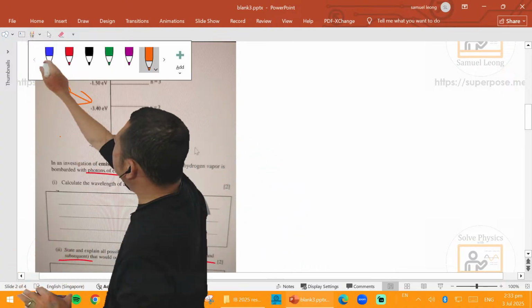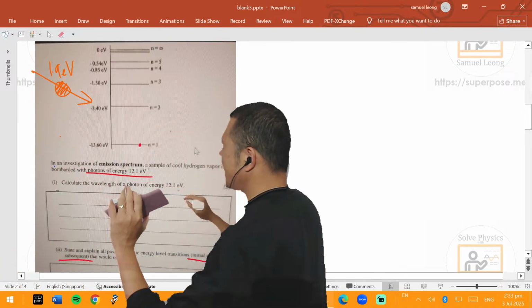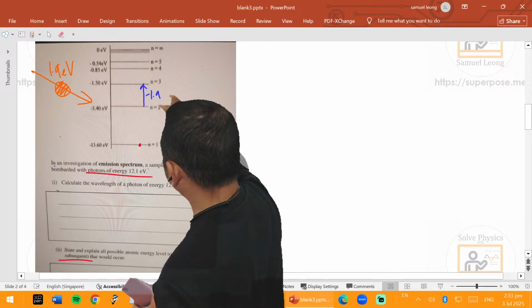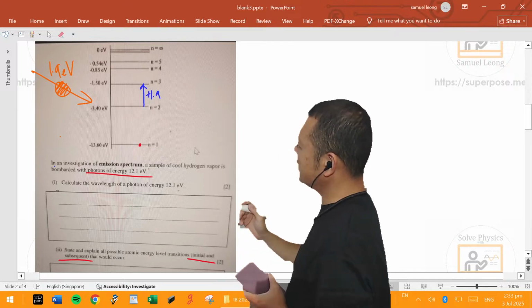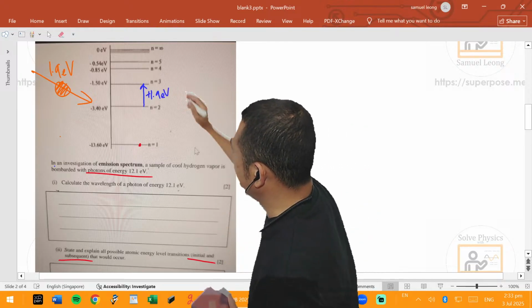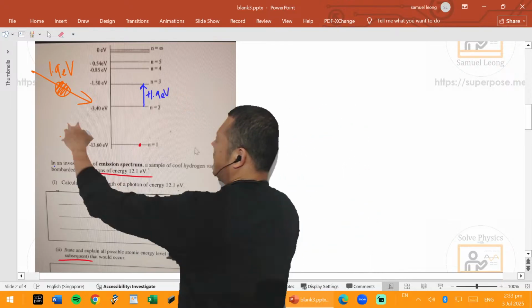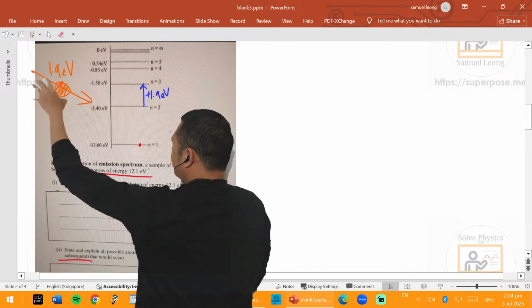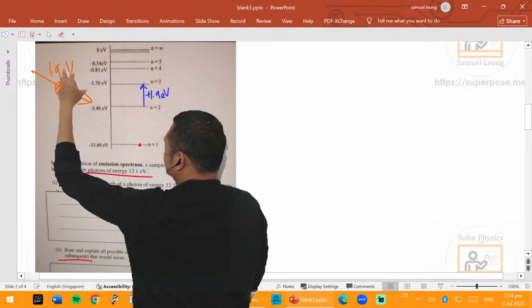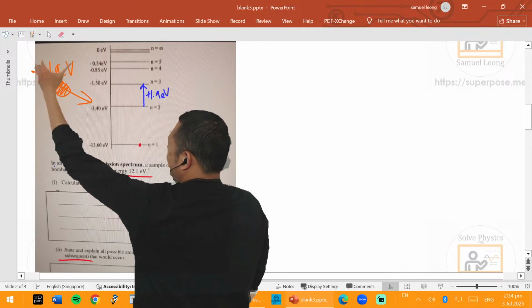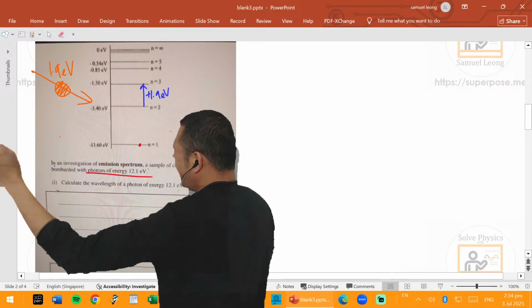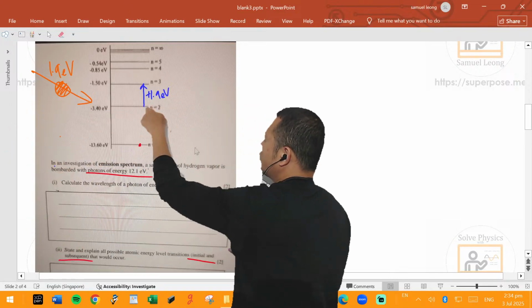So you know what I'm trying to do here? I'm trying to entice you into saying yes, because the transition here is 1.9. I use a single wavelength light, sorry, not single photon, single energy photon, and I shine it on this gas, 1.9 eV, which happens to correspond to 2 and 3.